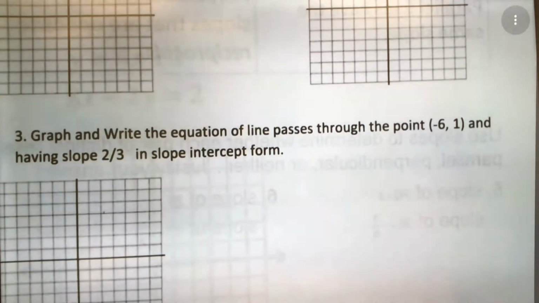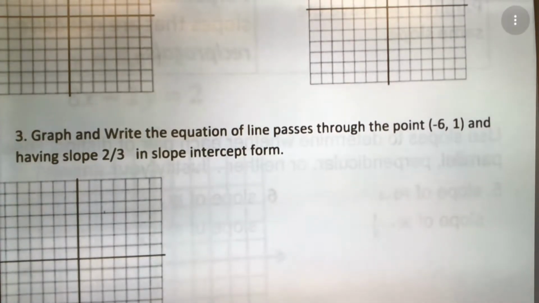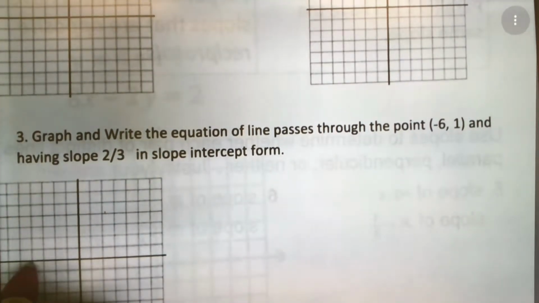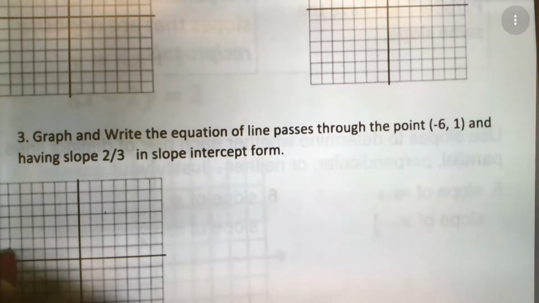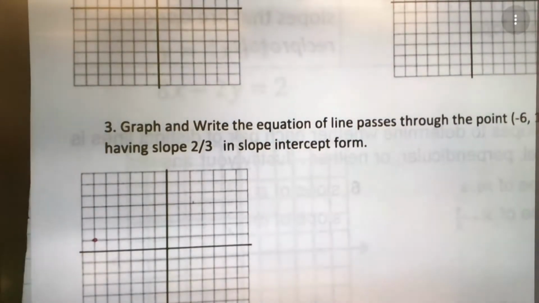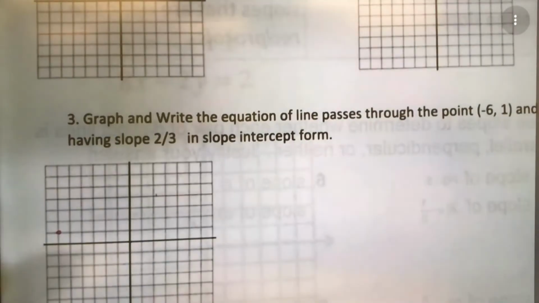We are given a point, that is negative 6, 1. First plot negative 6, 1, that is the point here, and the slope of the line is 2 over 3.